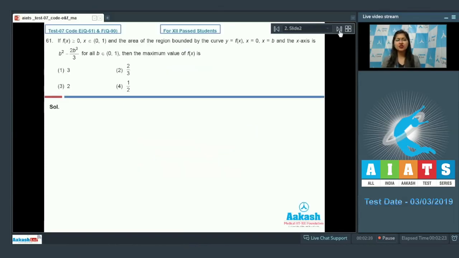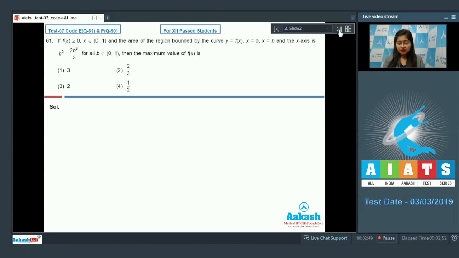Let us start with question number 61, which says that if f(x) is greater than or equal to 0, x belongs from 0 to 1, and the area of the region bounded by the curve y equal to f(x), x equal to 0, x equal to b, and the x-axis is b square minus 2b cube upon 3 for all b belonging from 0 to 1, then the maximum value of f(x) is?